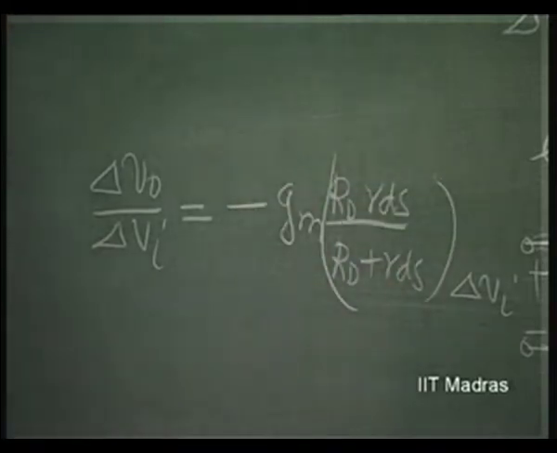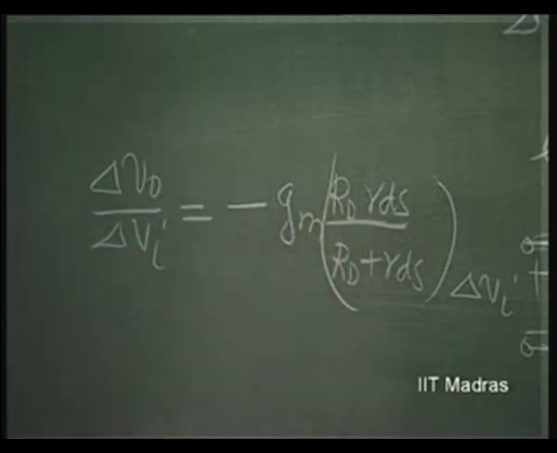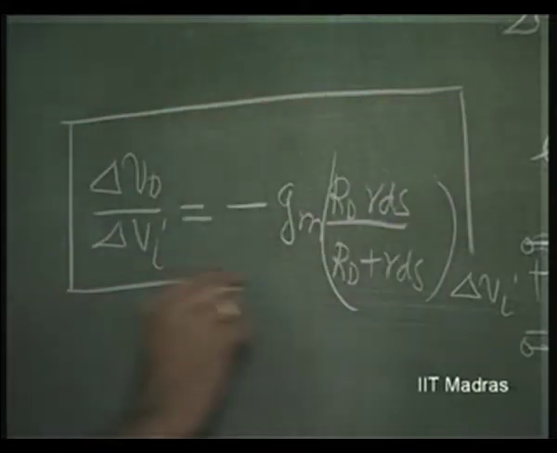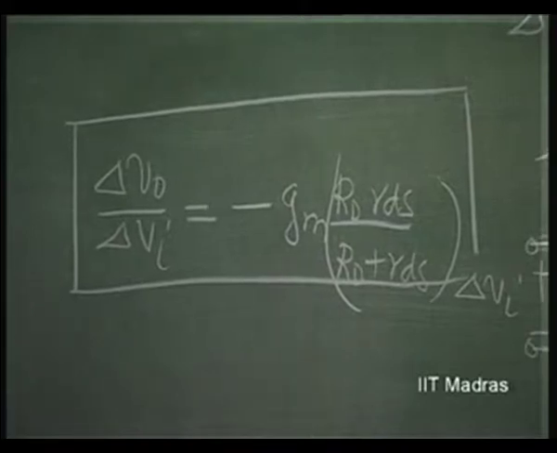This is the effective gain. If RDS is infinity, we get back what we have earlier assumed, which is Gm into Rd. Otherwise, if it is finite, it is Gm into Rd parallel RDS, RDS by Rd plus RDS. This is going to be the voltage gain of a common source amplifier biased to work at a voltage of VGS Q.